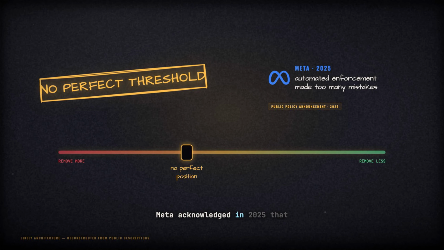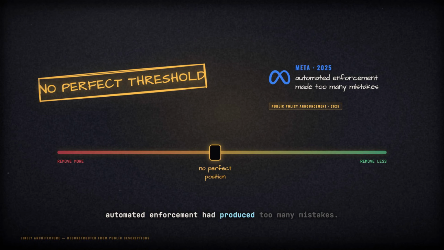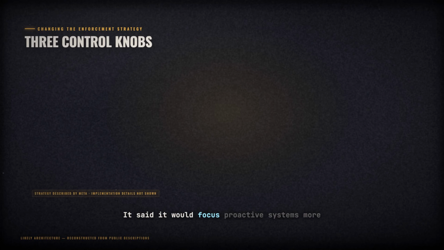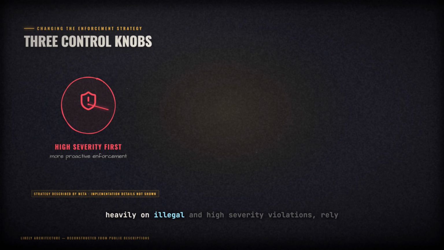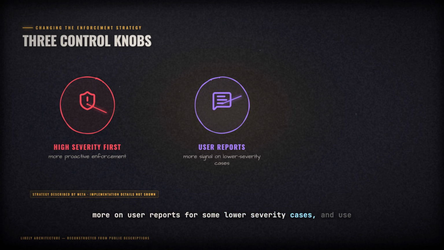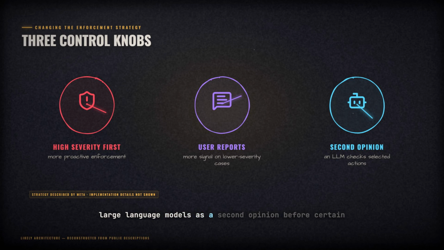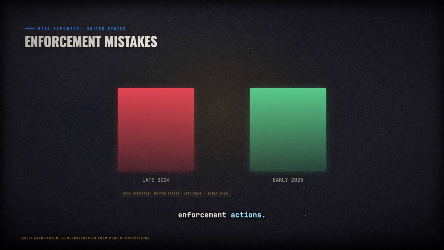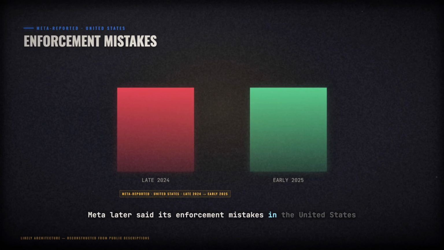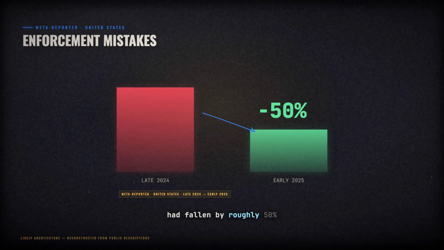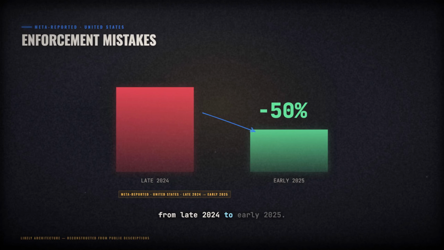Meta acknowledged in 2025 that automated enforcement had produced too many mistakes. It said it would focus proactive systems more heavily on illegal and high-severity violations, rely more on user reports for some lower-severity cases, and use large language models as a second opinion before certain enforcement actions. Meta later said its enforcement mistakes in the United States had fallen by roughly 50% from late 2024 to early 2025.